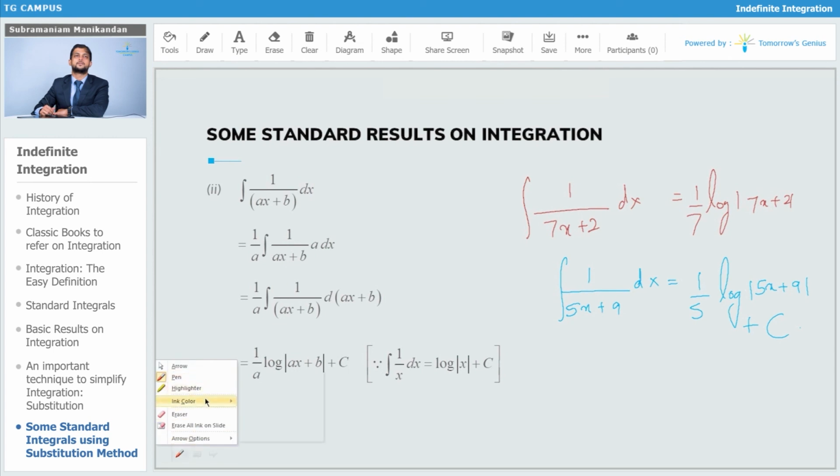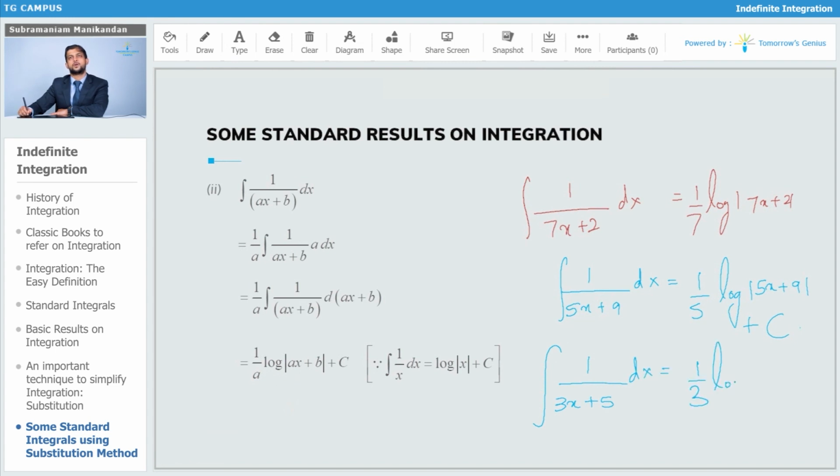Similarly, the integration of 1 by 3x + 5 with respect to x equals 1 by 3 log of (3x + 5) plus the constant of integration, and so on.